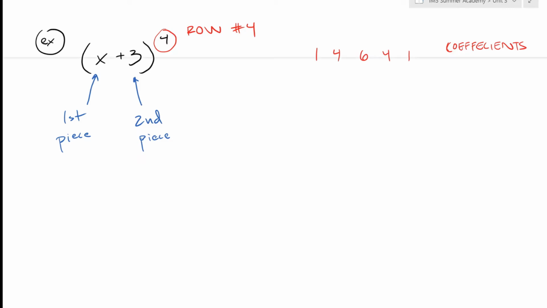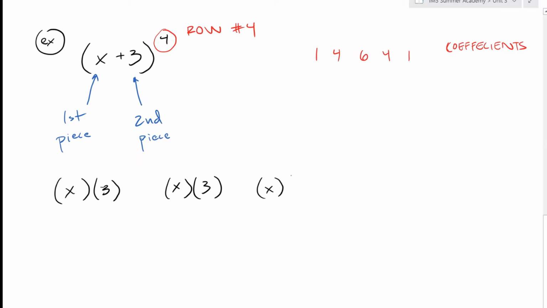Okay, so stay with me here. We're going to write, I like to put them in parentheses, x and 3. Okay, there's one set. X and 3, there's another set. X and 3, there's a third set. A fourth set. And a fifth set. So we have 5 sets of the first piece and the second piece being multiplied together.